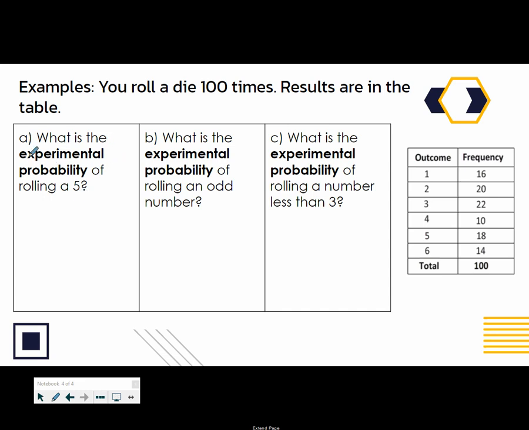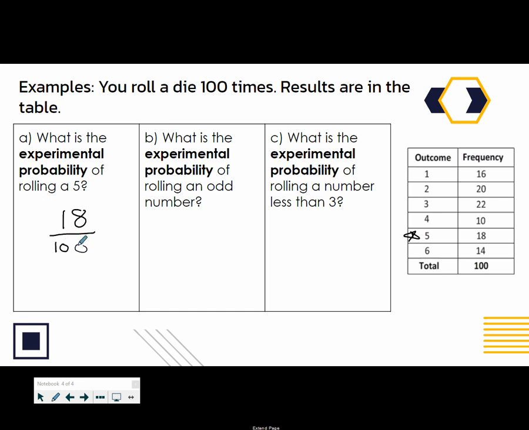The moment it says the words experimental probability, I'm going to look at my table, okay? I'm going to actually use the data. I'm looking for the experimental probability of rolling a 5. Well, how many times did I roll a 5? 18, right? Out of the total number of trials, so out of 100 trials.